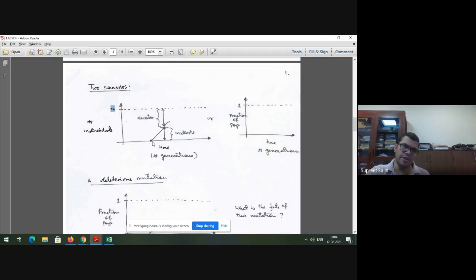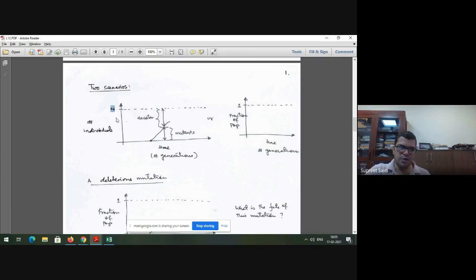And then this mutant increases in frequency, right? If I were to draw a vertical line at this particular point, this is the number of mutant individuals, and this is the number of ancestor individuals at this time, and so on. As this line is increasing, the number of ancestors is shrinking and the number of mutants is increasing.